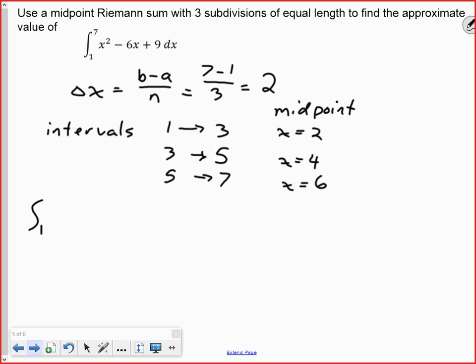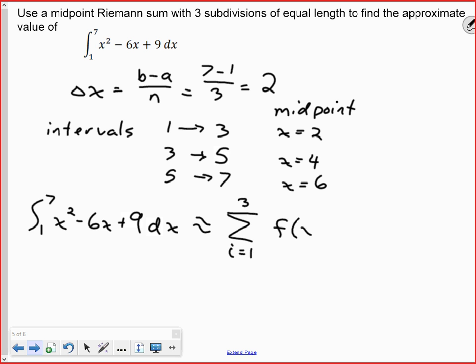So the definite integral from 1 to 7 of x squared minus 6x plus 9 dx is going to be approximately equal to the sum, as i goes from 1 to 3, of f at x_i delta x.